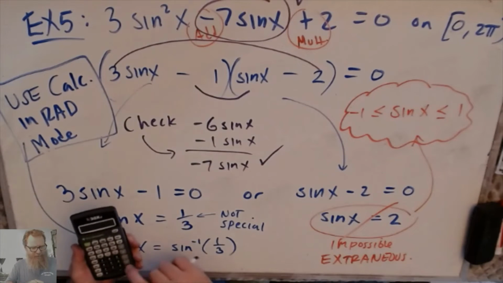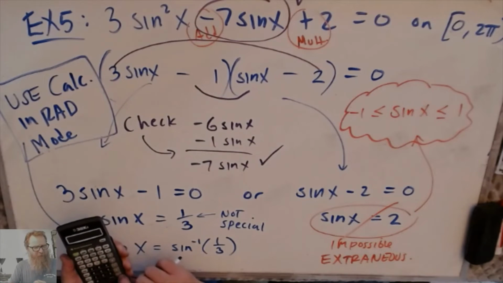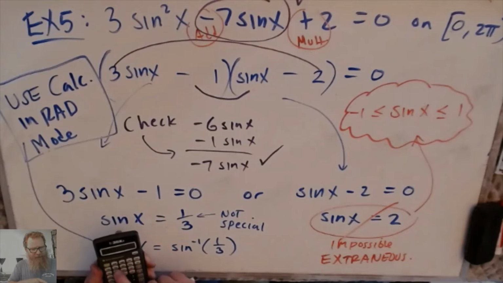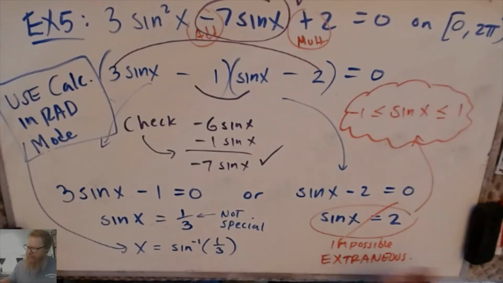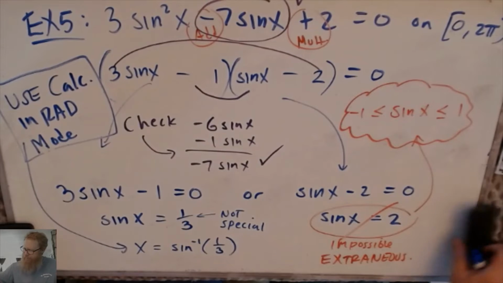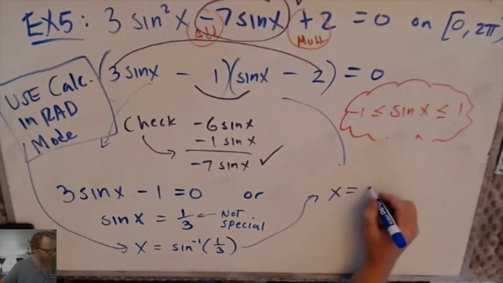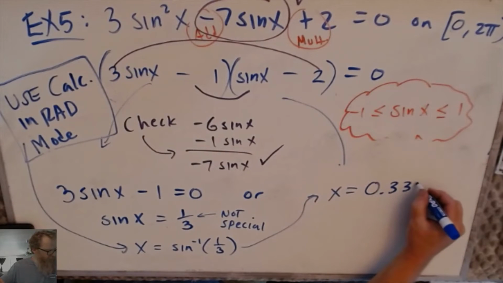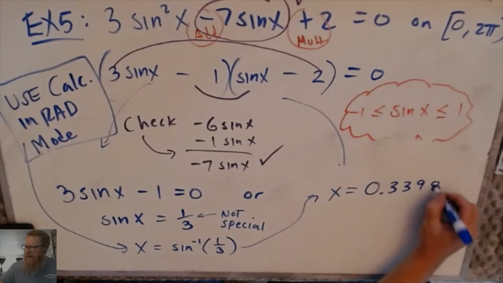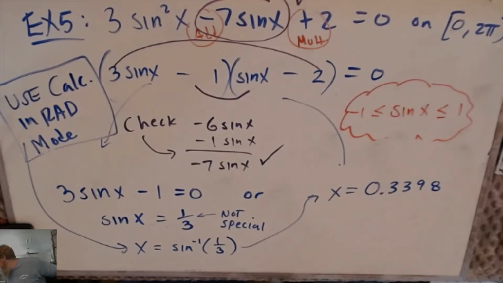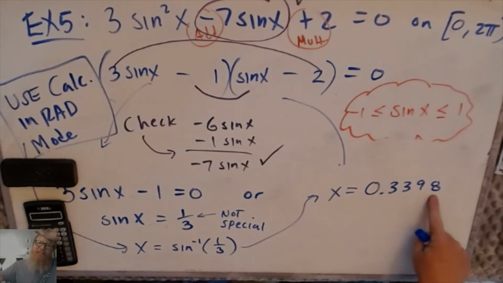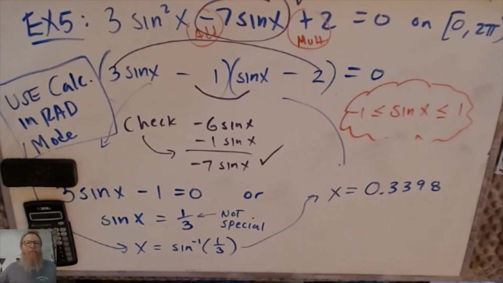All right, so I got 1/3 and then sine inverse, and I'm going to get .3398. I guess we'll go to 4 decimal places. If it's not specified, 4 is a safe bet.